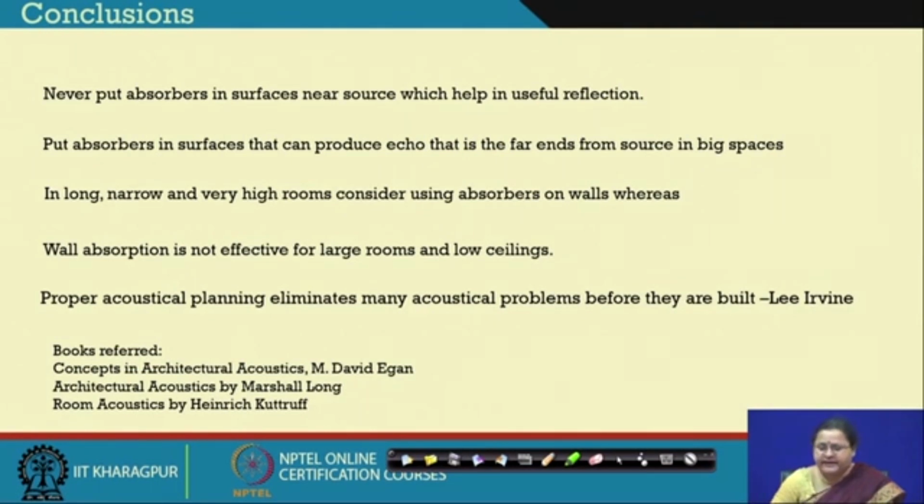This is said by Leigh Irving and this is very important. So, if you can plan what is the purpose, how will be the shape while you are designing. So, when you are designing, if these are thought into the process, in the design process, you will overcome lesser amount of problems to deal with sound in the environment which you are creating.